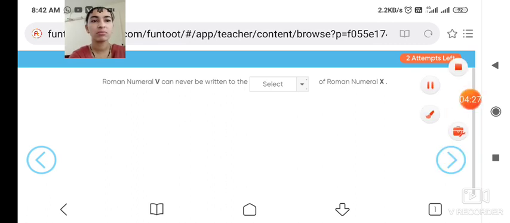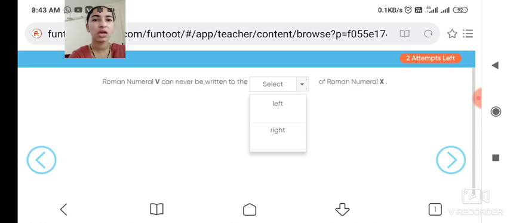The next example is: Roman numeral V can never be written to the left or right of Roman numeral X? In which position?